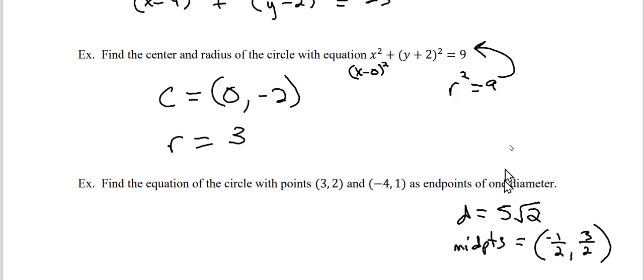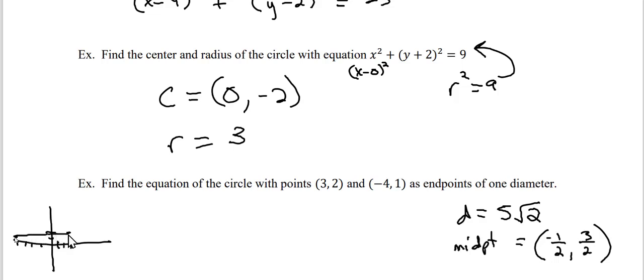The reason that that matters is because that tells us the center of the circle and the diameter of the circle, right? So let me draw this picture again. 3, 2 is here. Negative 4, 1 is here.